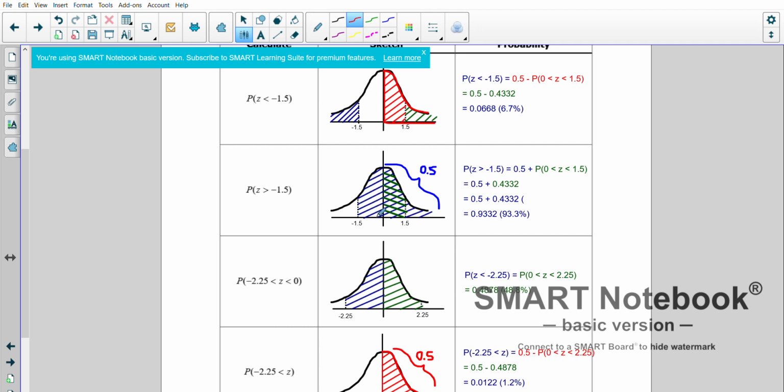Again, no direct way to get it from the table because it's a negative z-score, but that is going to be equal to what I've shaded in as green, the probability 0 is less than z is less than 1.5 positive. So we've already looked up this value. It's about 43%. So it's actually going to be the 0.5, which is all this side, plus 43% for this piece right here. So I found the green, which equaled this shaded blue part, and then I'm including all of this, so I added 0.5.